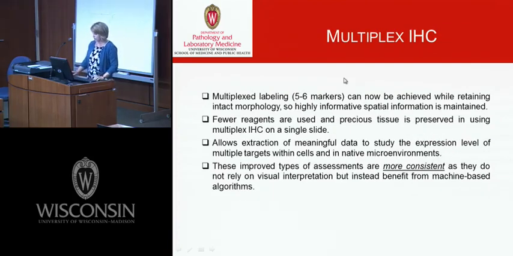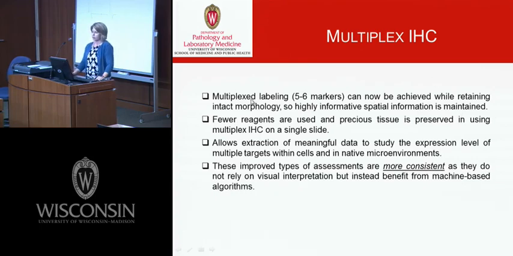So at present, with the software and the equipment that we have, we can multiplex approximately 5 to 6 biomarkers or markers in one tissue fragment, and we are able to keep intact morphology, giving us very important spatial information.